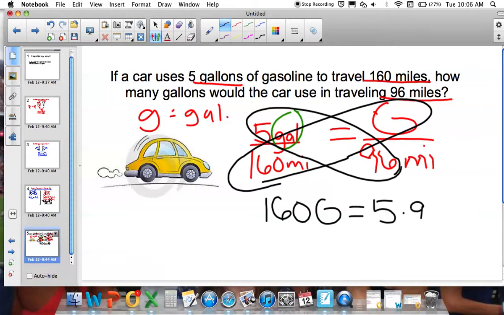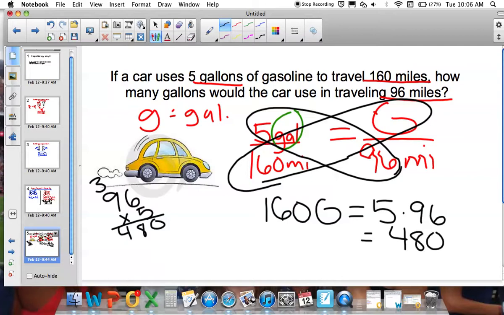I'm going to do my multiplication off to the side so that my work doesn't get messy. 96 times 5, we've got 30. 9 times 5 is 45, plus 3 is 48. So we're left with 480 has to equal 160G.